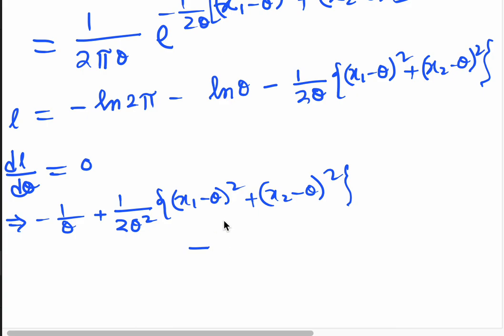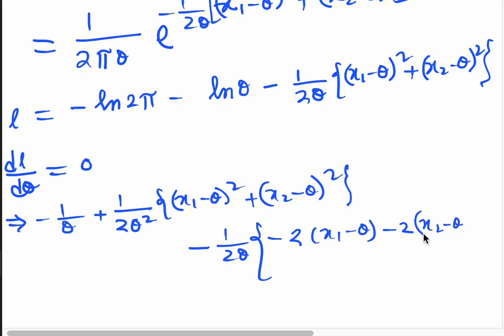minus 1 by 2 theta, minus 2 x1 minus theta minus 2 x2 minus theta is 0.